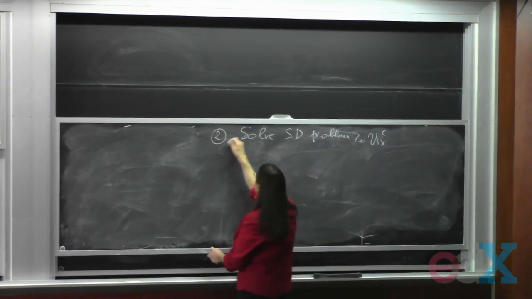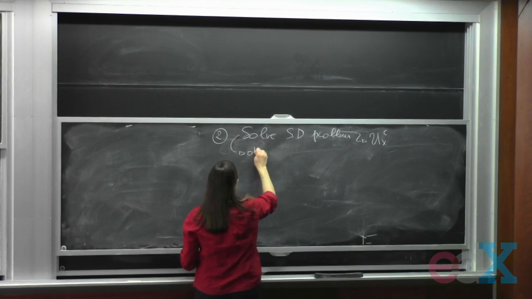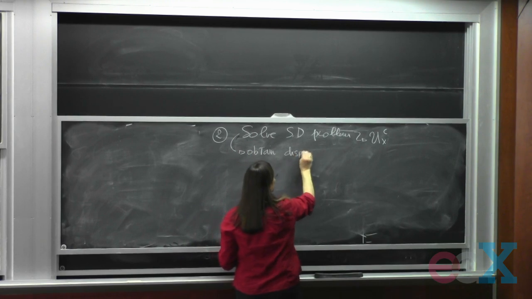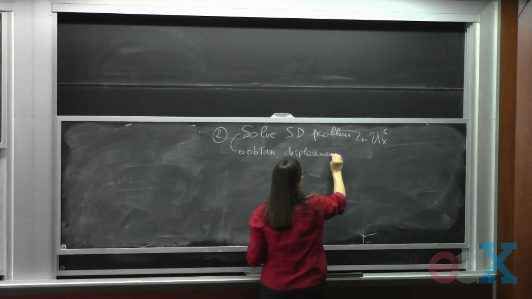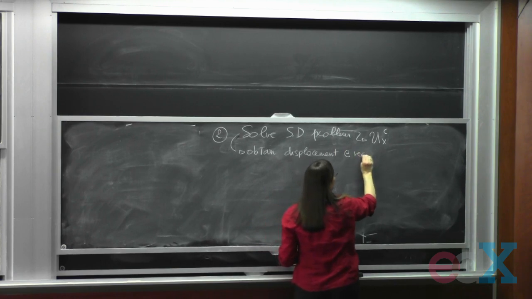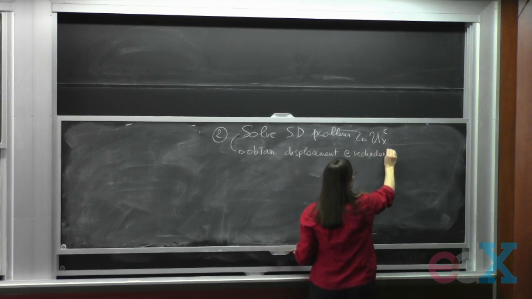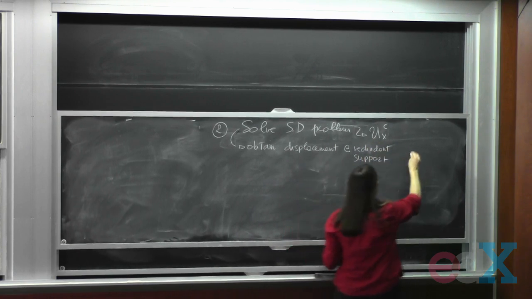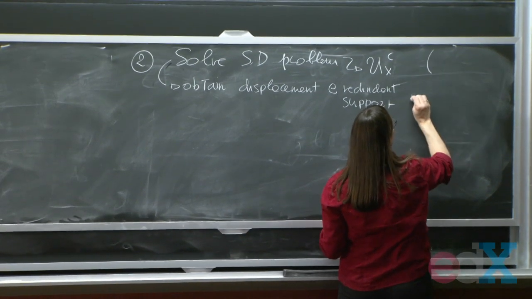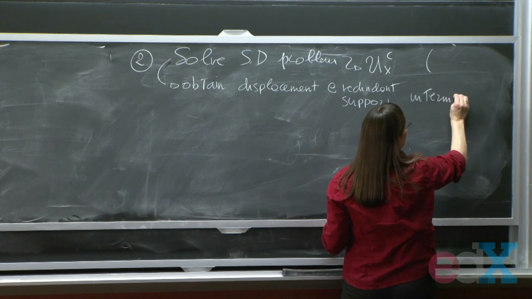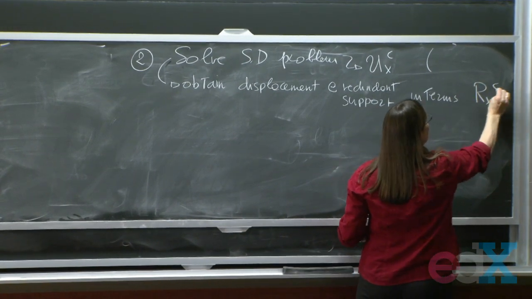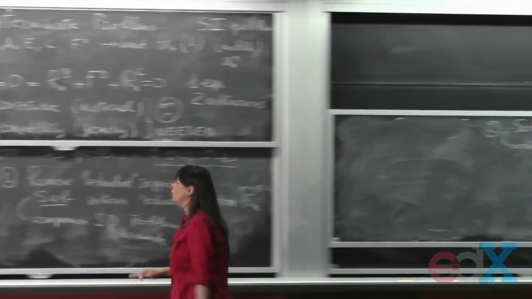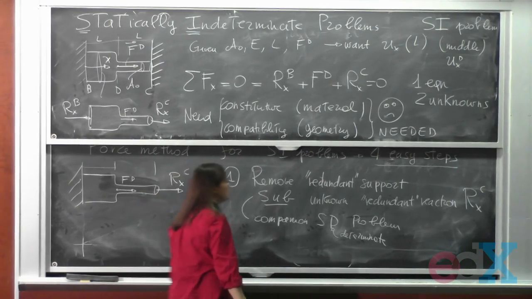So solve it means obtain the displacement at the redundant support, which is UXC, in terms of your redundant reaction, right? You're going to find an equation for UXC, and RXC is going to be in it. So let's obtain it.